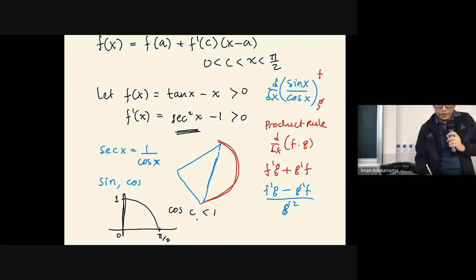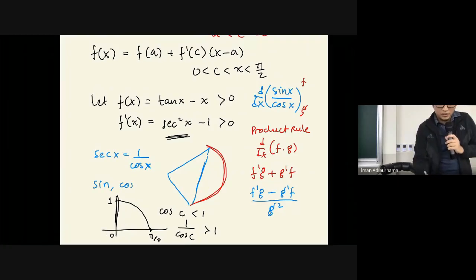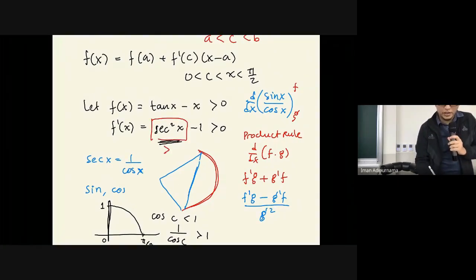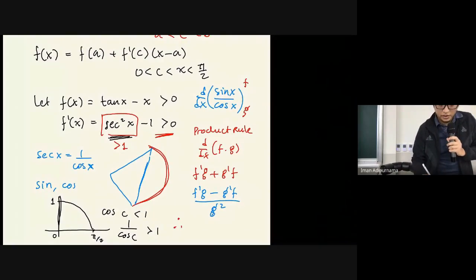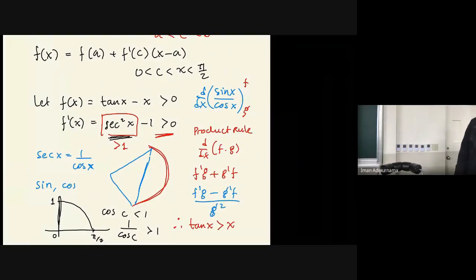When you have 1 over cos c, it is always greater than 1. So this part is always positive. That's why it's true that tangent x is greater than x.